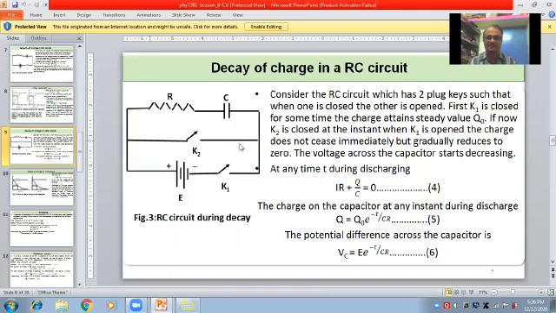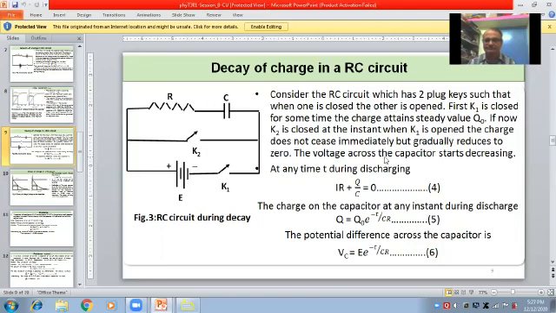That means this part of the circuit is completed, and the capacitor starts charging. And when K1 is open, K2 is connected, the battery in the circuit is eliminated. So this part of the circuit becomes complete, and there is no battery, and whatever voltage is developed across the capacitor, it starts decaying through this circuit. This is called the decay of charge in the RC circuit.